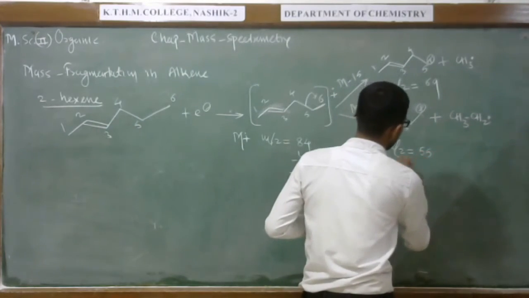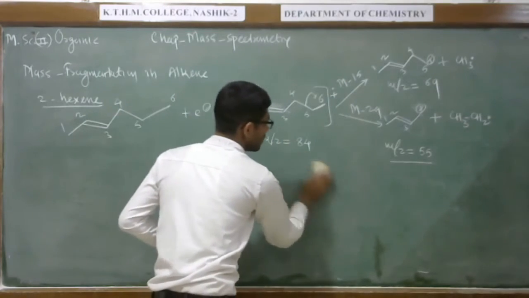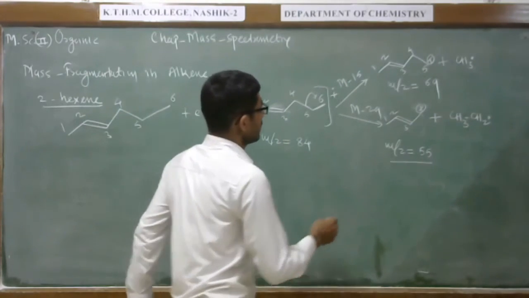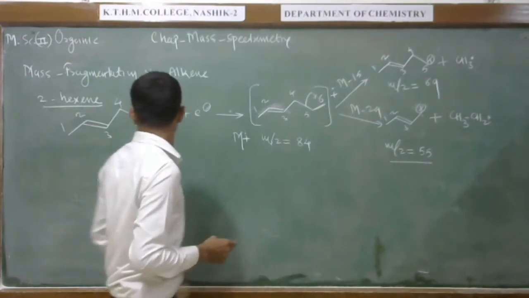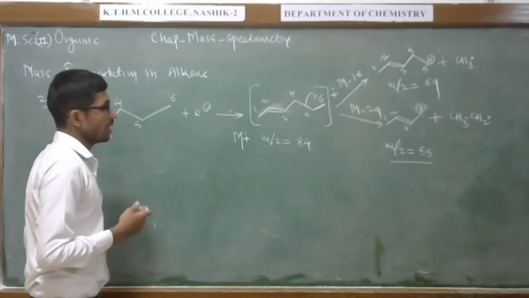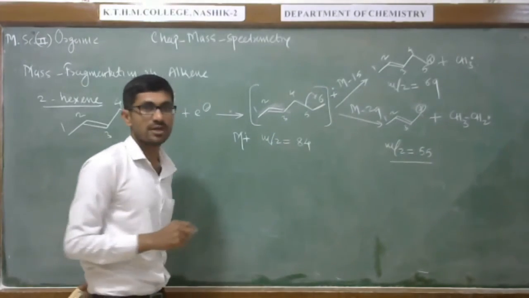So at this value we can observe this peak 55. This kind of peak we can observe in alkenes.